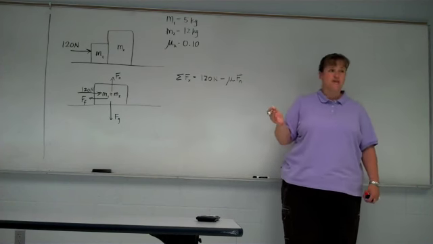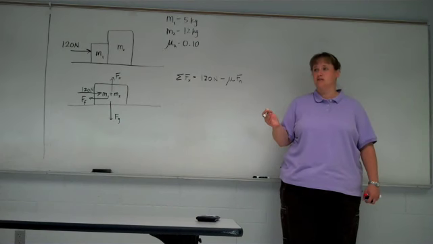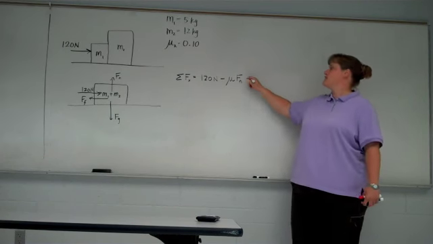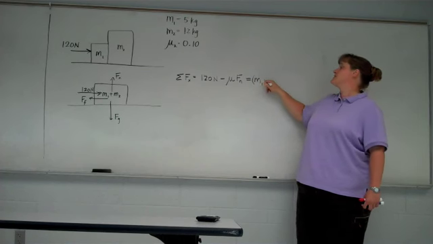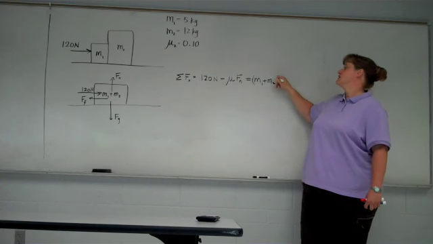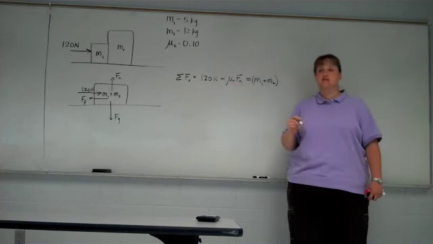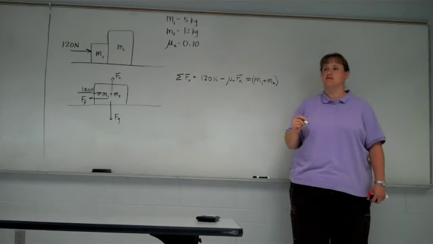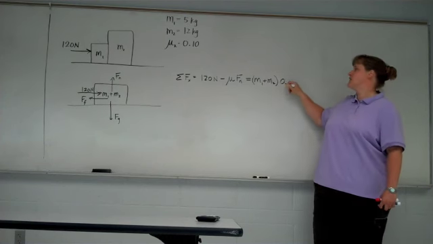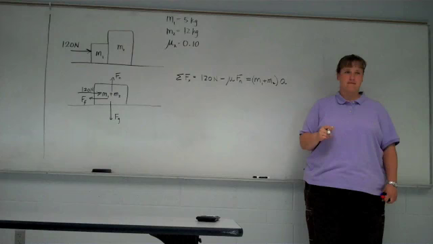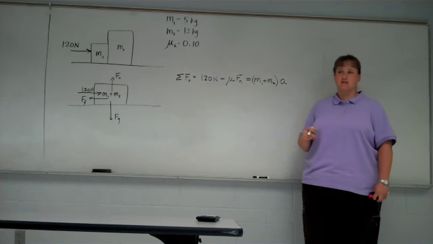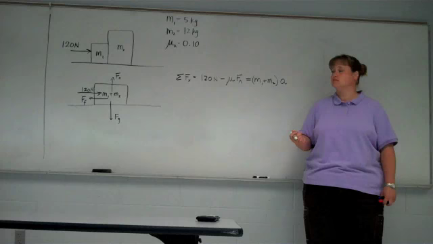Those are the only forces acting in the x direction. So by summing those up, we have to equal the mass of the object, which is the total sum of the 2 boxes' masses, times the acceleration of the object. Okay with that? So very much like other problems we've been doing.